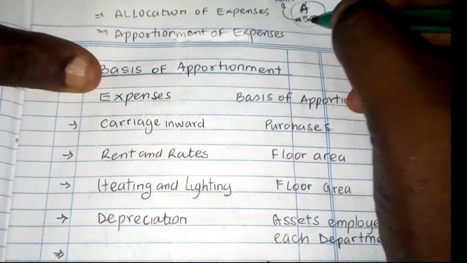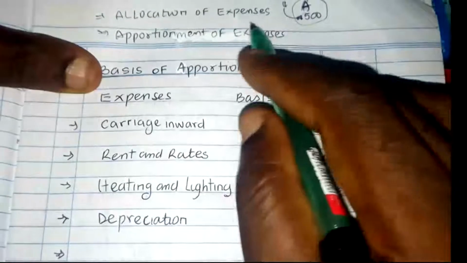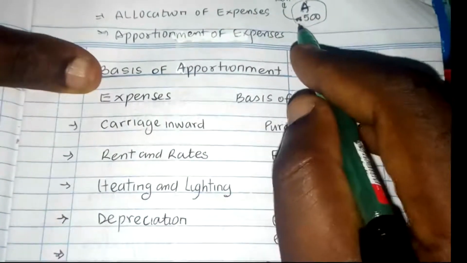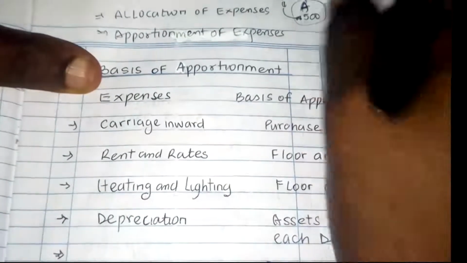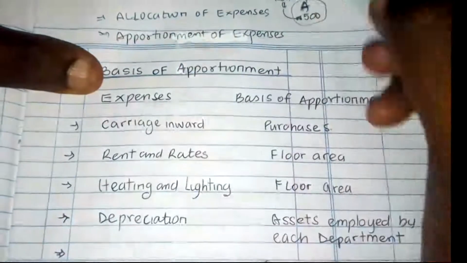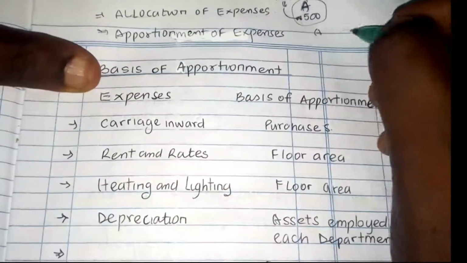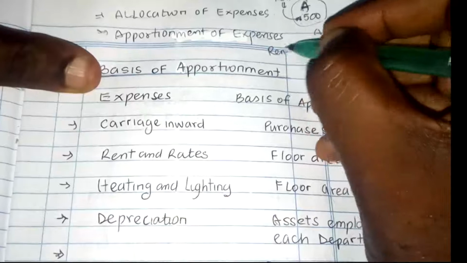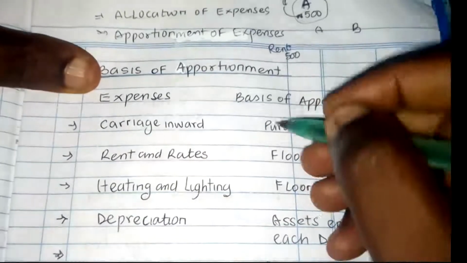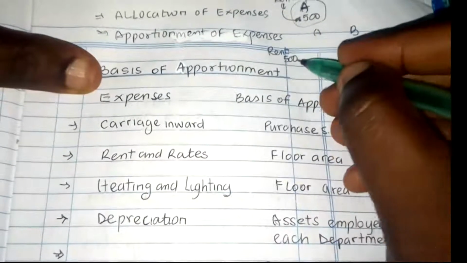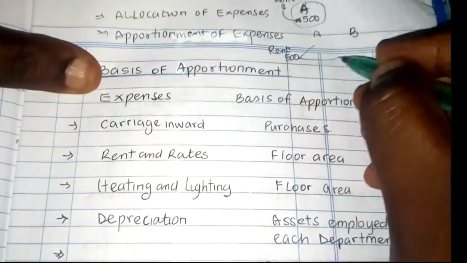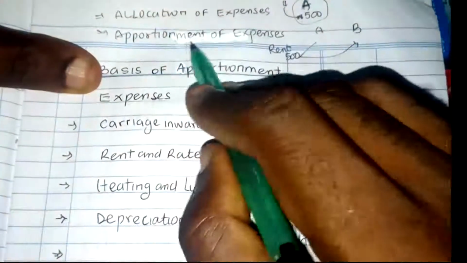You say 10 over 15 multiplied by 5,000 over 1, and that will go to you. Then for your brother, 5 over 15 times 5,000 over 1 goes to your brother. So you are using age as the basis of apportionment.